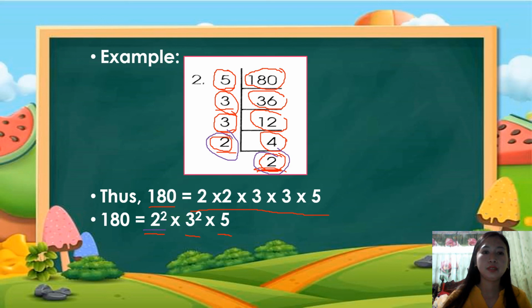And we have two 3s, 1, 2, so you can write 3 to the second power times the 5. 2 to the second power times 3 to the second power times 5. These are now the prime factors of 180.